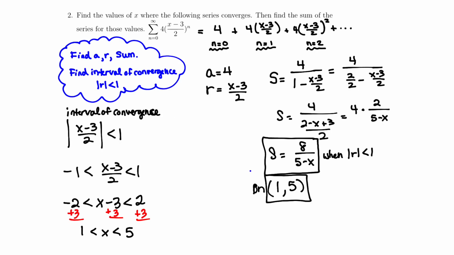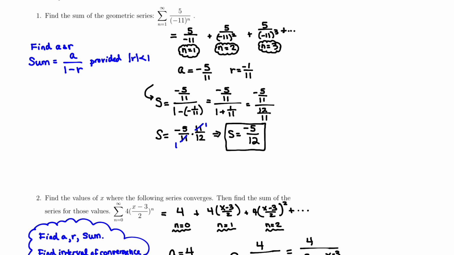So looking at our series, what we notice is this series is a little different than the series above it, because in the series above it, every single one of our terms was numeric.